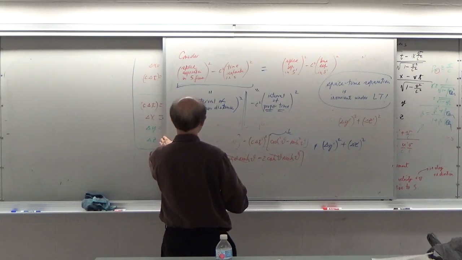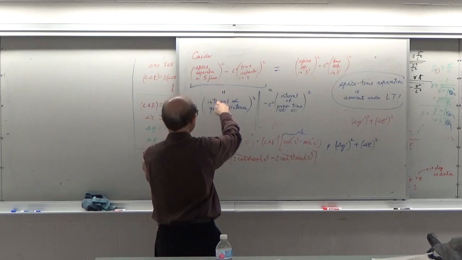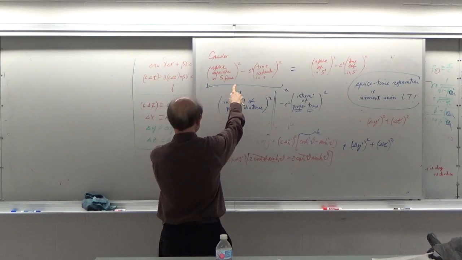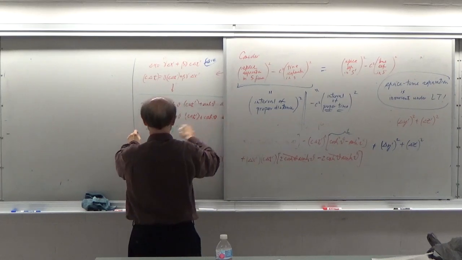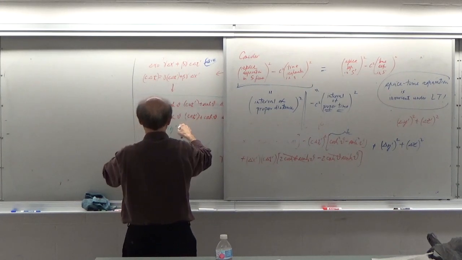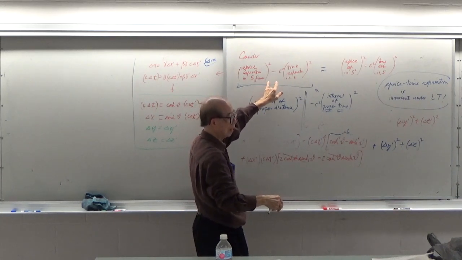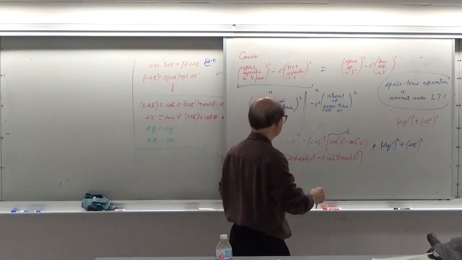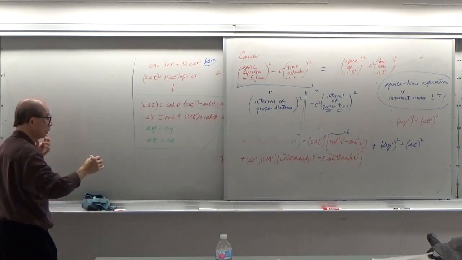So let me make use of the invariance under Lorentz transformation of this measure of space-time separation. Let me consider a certain system.